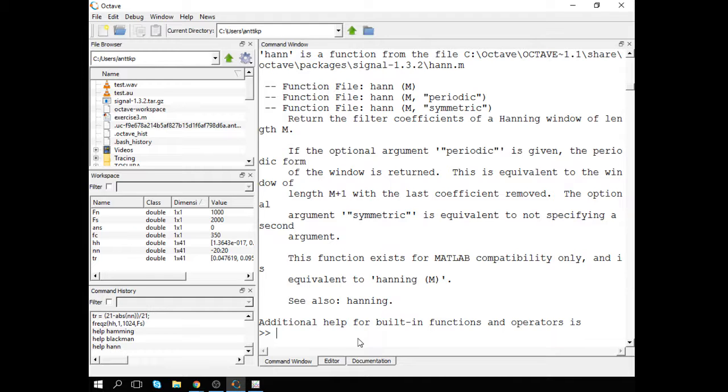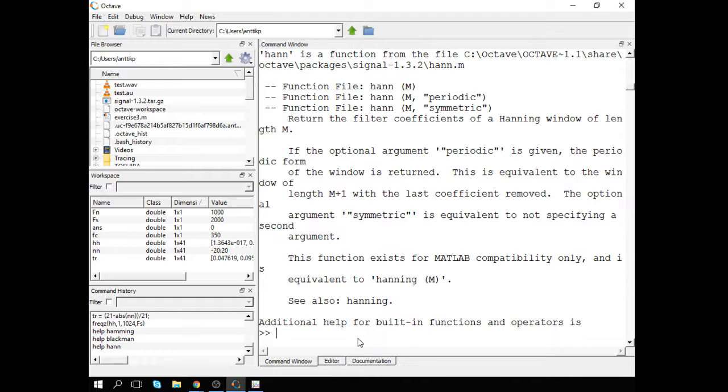That falls into the category of optimized methods. But anyways, Hamming, Hanning, Blackman and other windows: in MATLAB you get better help on the different window types.